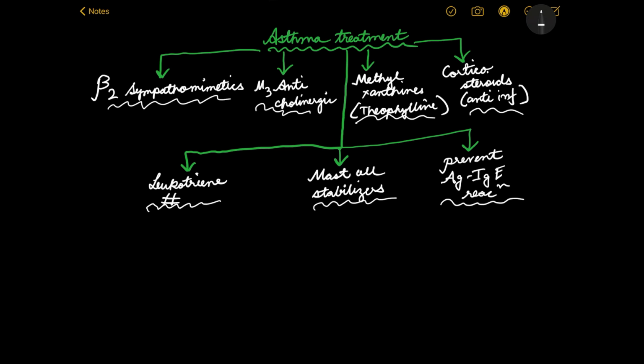I hope you understood the entire flowchart for asthma treatment. I'm trying to make these videos shorter so that we can focus more and give a more detailed presentation of each of these. So thank you very much and catch you on the flip side.